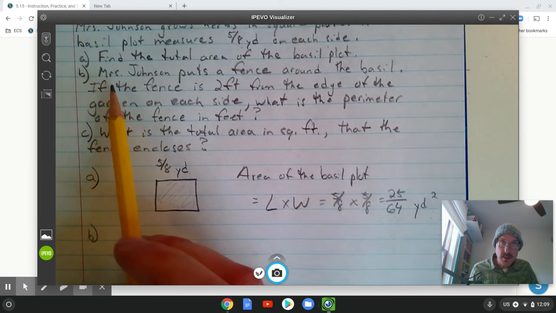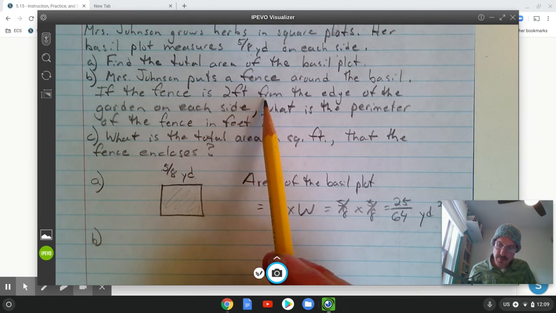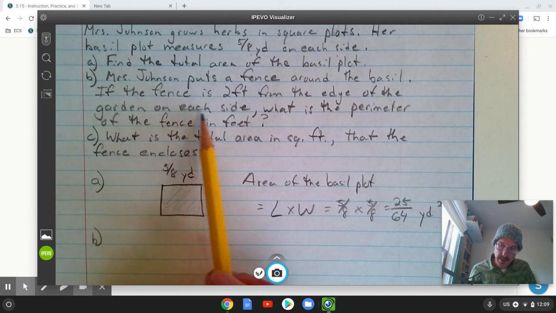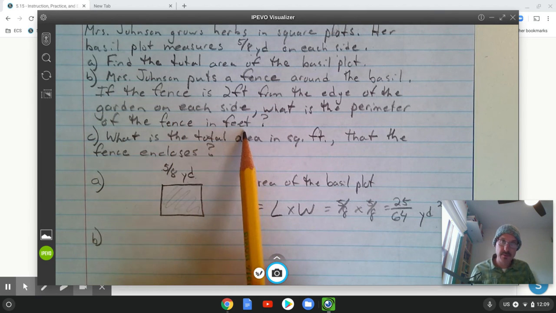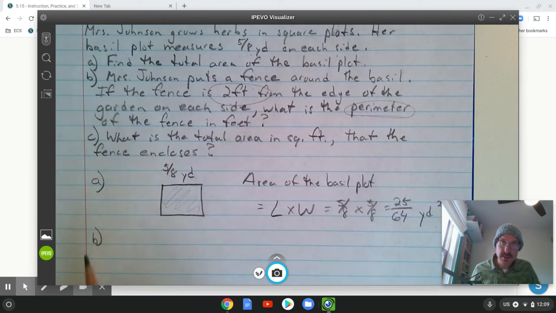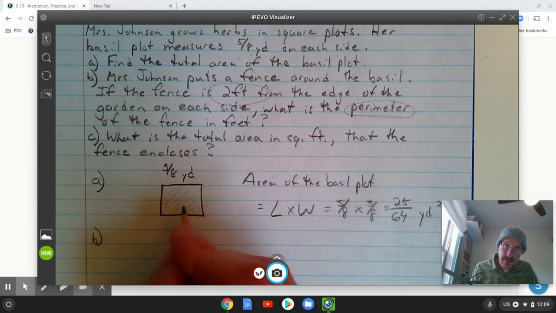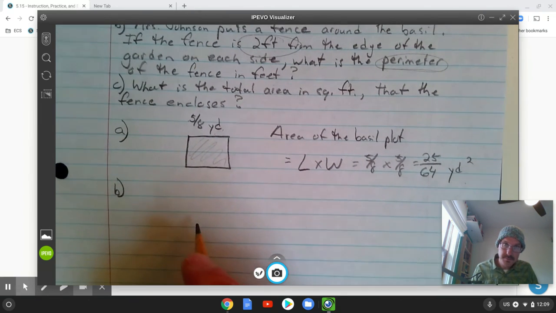Mrs. Johnson puts a fence around the basil. If the fence is 2 feet from the edge of the garden on each side, what is the perimeter of the fence in feet? All right, so it's asking about the perimeter and then this 2 feet on each side. All right, so I'm going to make this same basil down here.